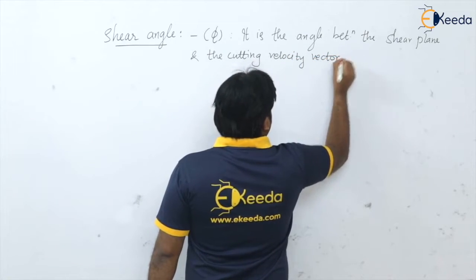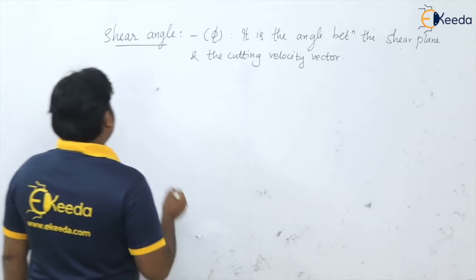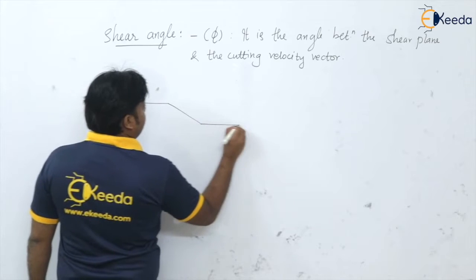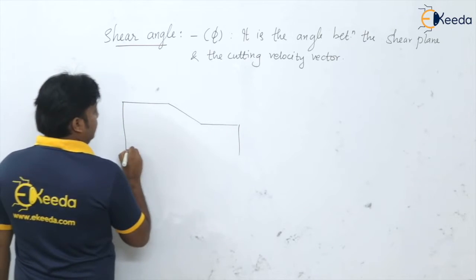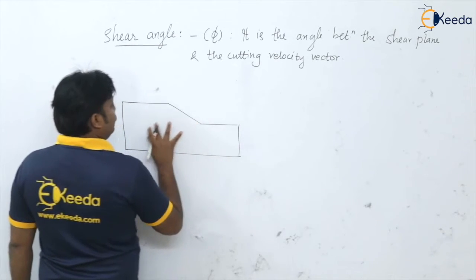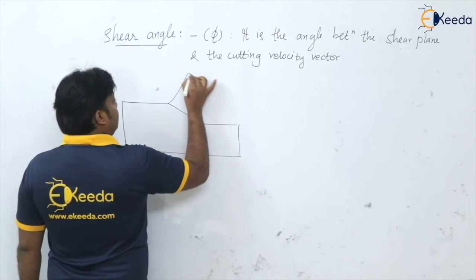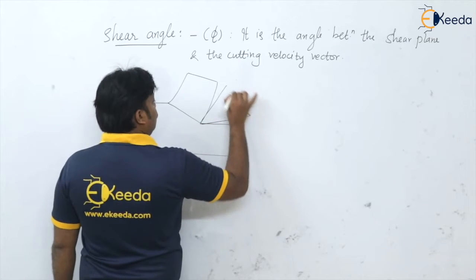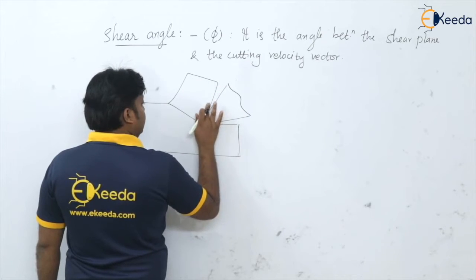Okay, so let us draw the diagram. The very important and common diagram in metal cutting that we use every time. This is the workpiece, this is the produced chip, and this is the tool.